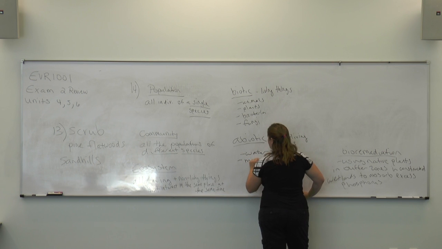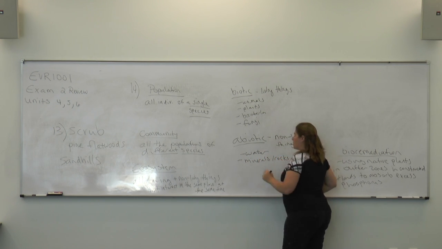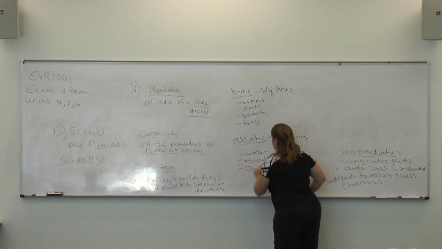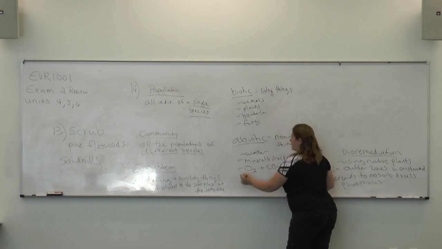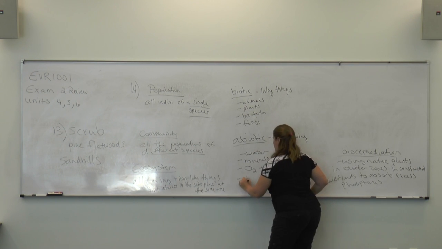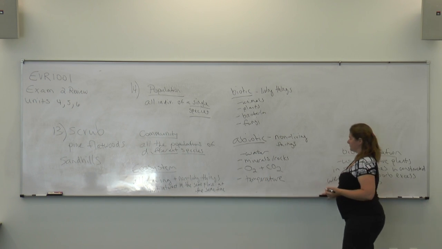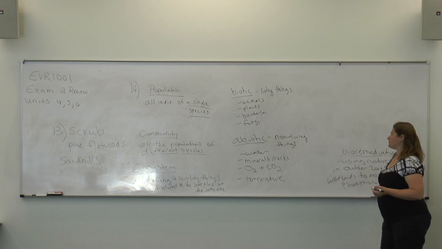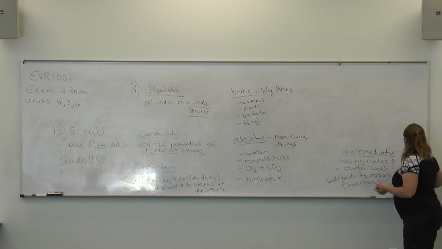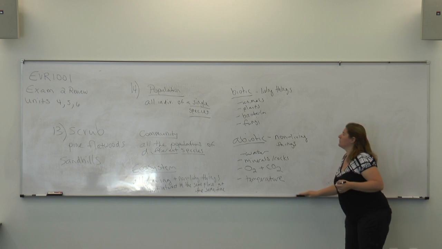Water, minerals, rocks, oxygen. Oxygen and carbon dioxide. What was that with a T? Temperature, right? Which is influenced by the energy from the sun. Perfect. Very good. Okay, you guys have that down.